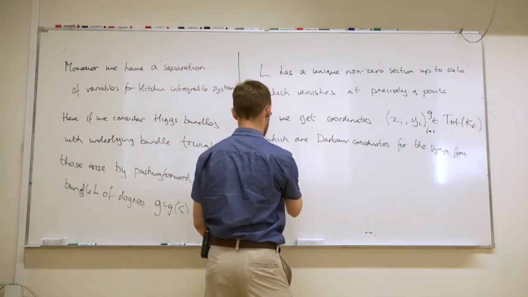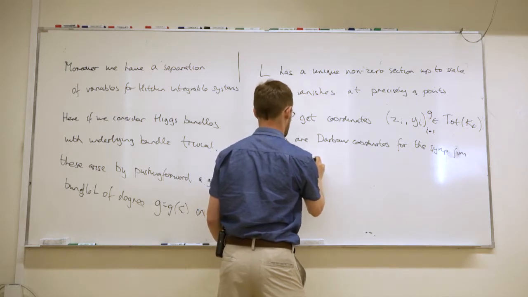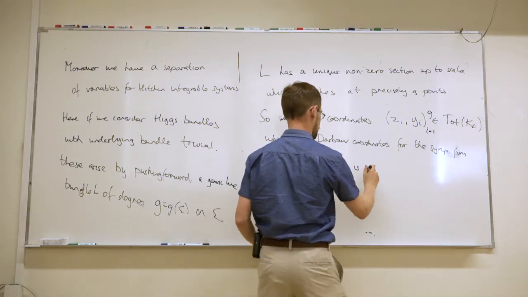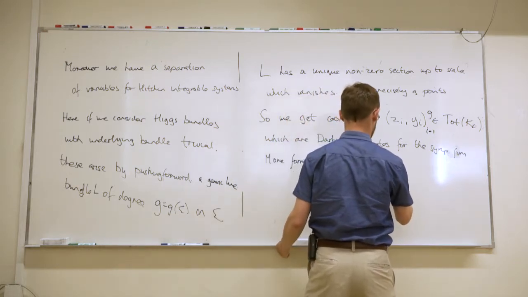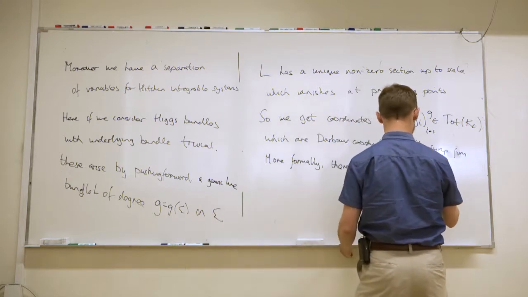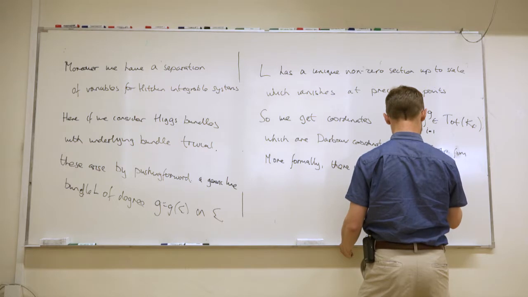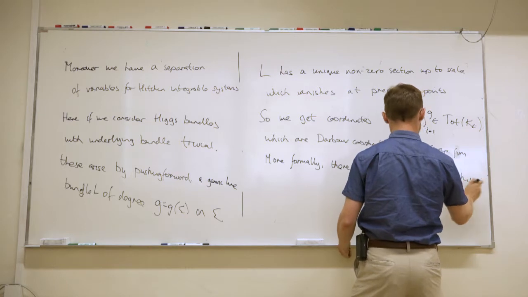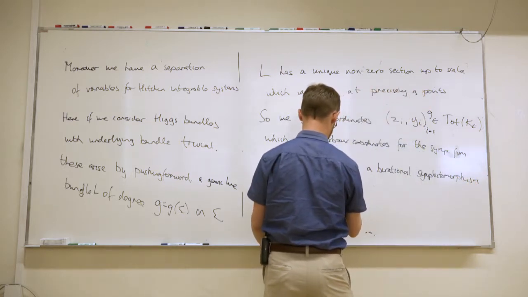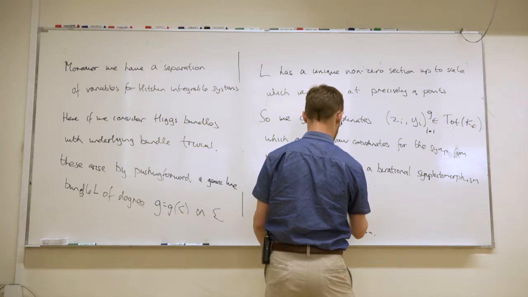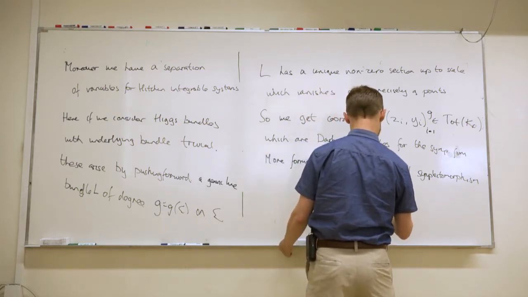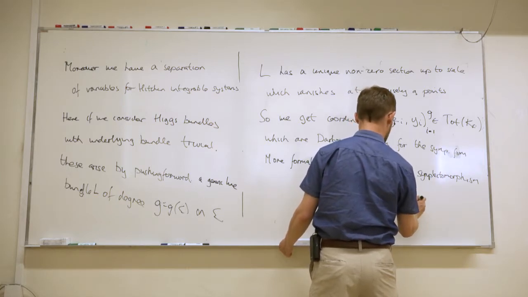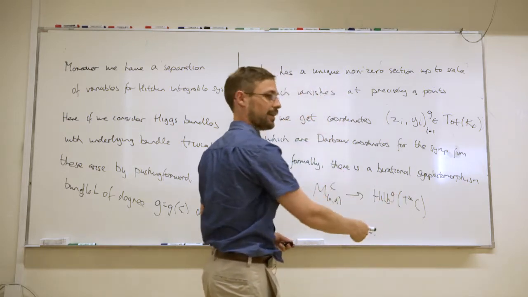So more formally, there is a symplectomorphism, a birational one, so it's not quite the correspondence you'd like, from the moduli space of Higgs bundles to the Hilbert scheme of G points on the cotangent bundle.